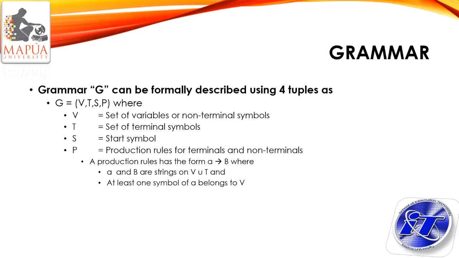That will be a production rule. Further discussion of this will be when we are discussing the examples. So again, we have V, T, S, P: V non-terminal, T terminal, S start, P rules in determining the string acceptable by the machine.